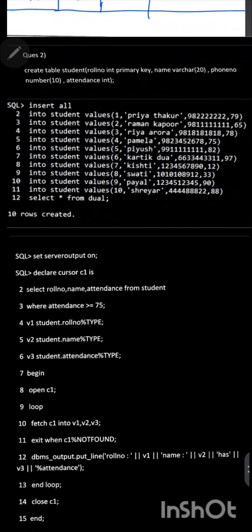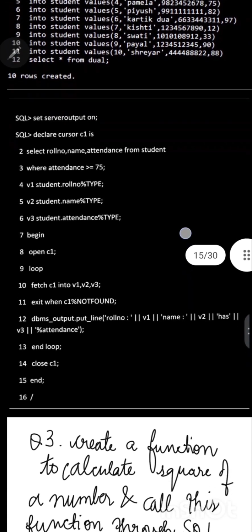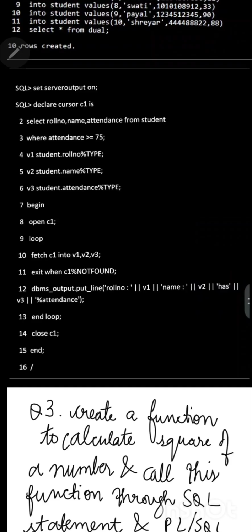This row is created, and now we give the cursor. For the cursor, we are simply giving set serveroutput on. Then we declare the cursor. Whenever we declare the cursor, we write declare cursor C1.